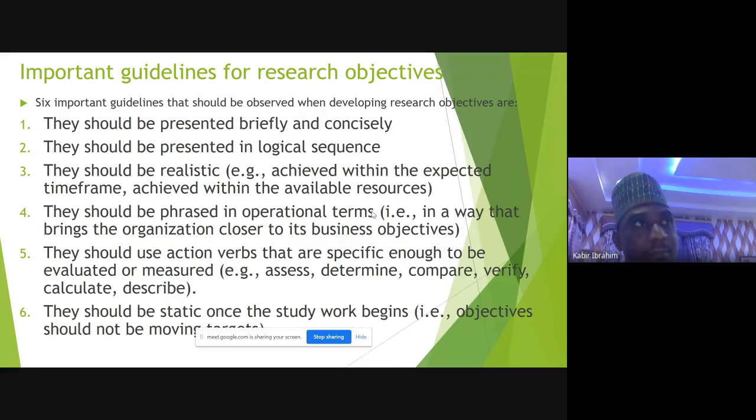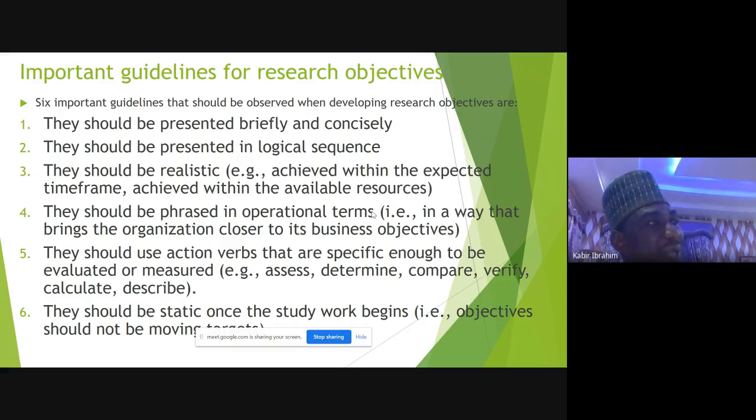Undergraduate programs are normally, or most of the time, a 4-year program, 3-year program, or 5-year program. And maybe toward the end of your program, you'll present your project. It means that you have a time limit. So you must be within that time limit. You have to be realistic.